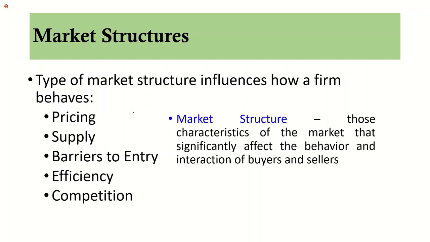When you take a market, it could be physical, like the physical markets you see, or it could be virtual. However, a market involves both buyers and sellers and trading. So there's interaction between buyers and sellers for trading.